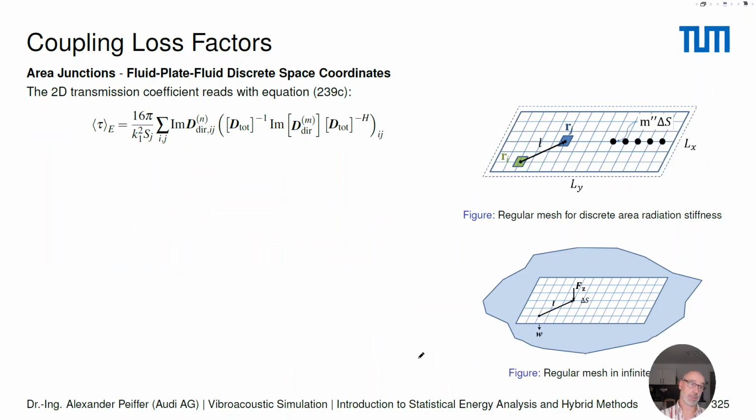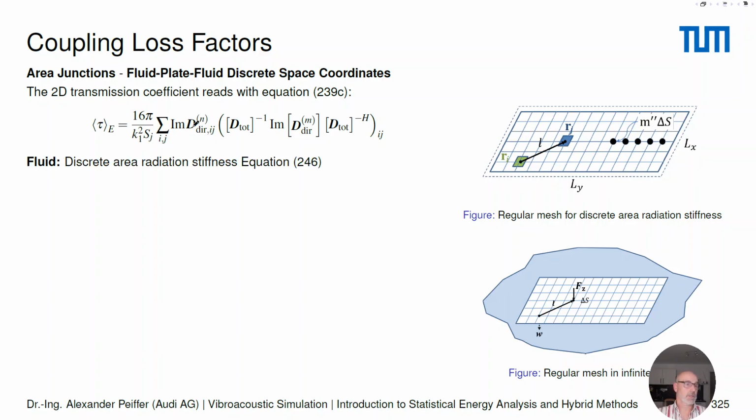Now we come back to the discrete space. Again, we had this funny formula, and we can use all the discrete versions that we have derived. If you remember, we had this regular mesh formula for the radiation stiffness into the fluid, and we had this regular mesh for the infinite plate. So for every force exciting a plate, we know the displacement. From this, we can derive everything we need.